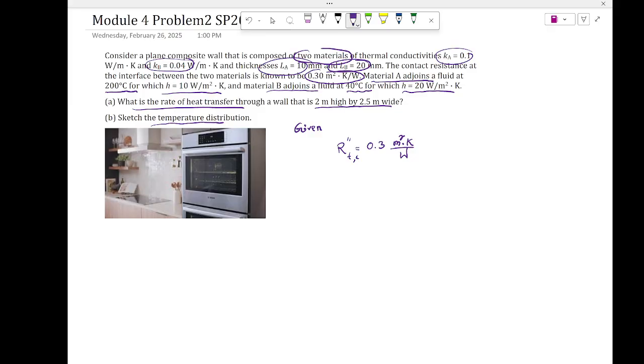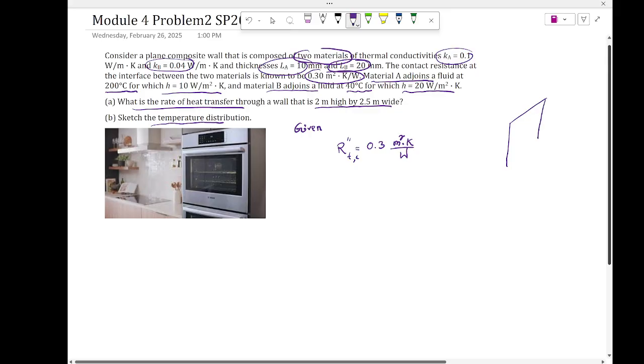Okay, so let me now draw a quick sketch. In the problem, they gave you these two different layers, right? Where this side is 2 meters and this side is 2.5 meters.